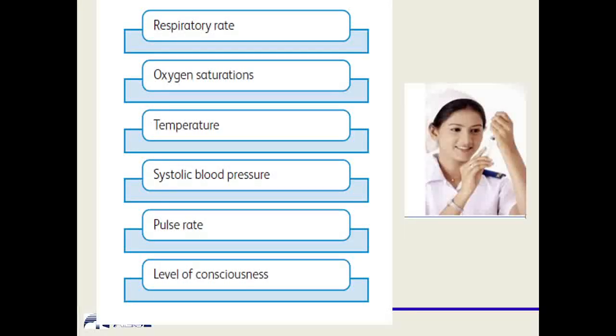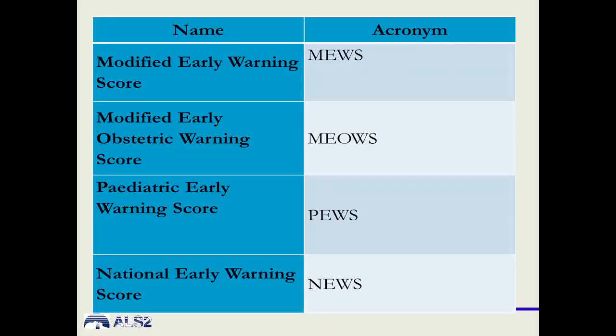If there's a pulse oximeter, they would. Temperature, they invariably check, systolic blood pressure or the diastolic, pulse rate, and the level of consciousness. They talk to the patient. If the patient is conscious, they record conscious, GCS 15 out of 15, isn't it? Right. Now, these are the signs they tell us when they are deteriorating.